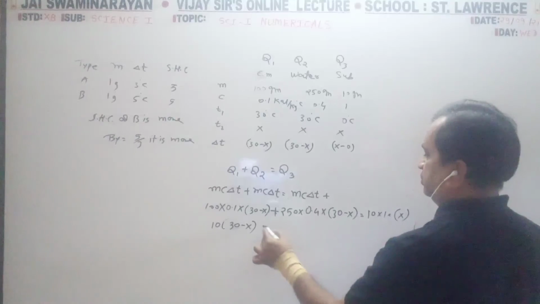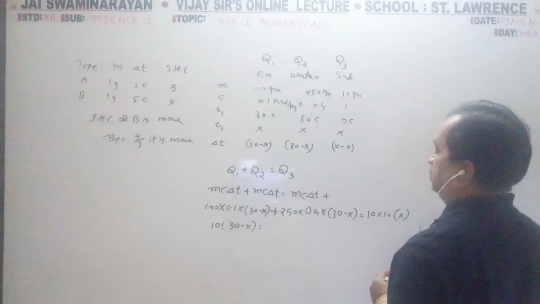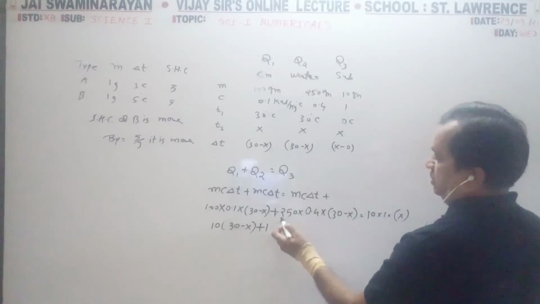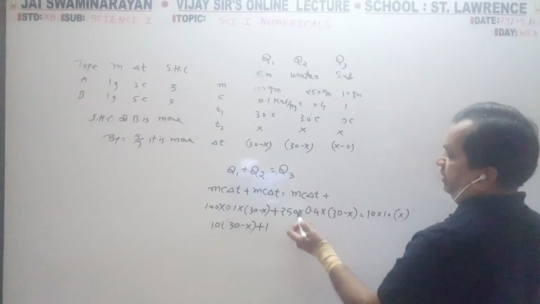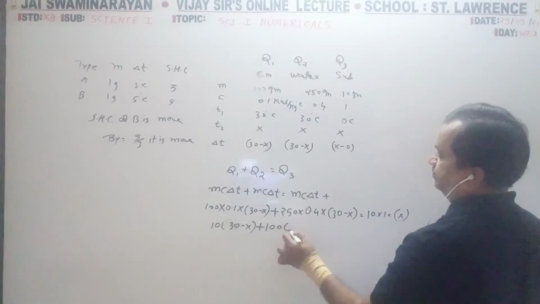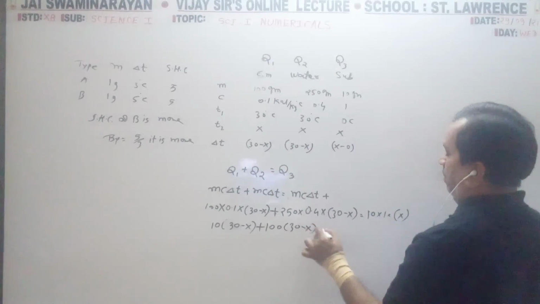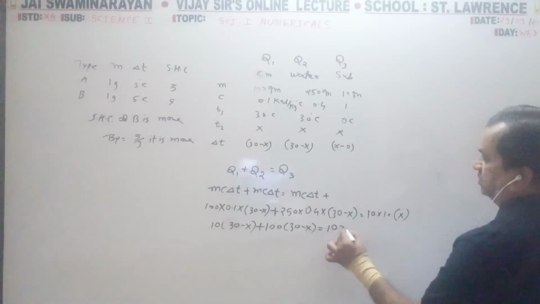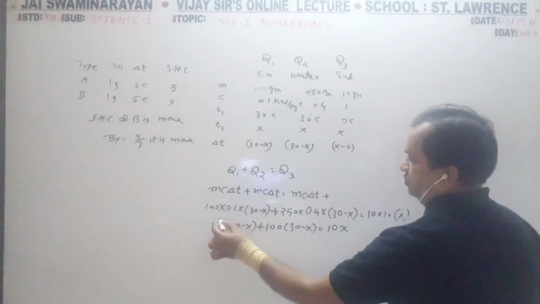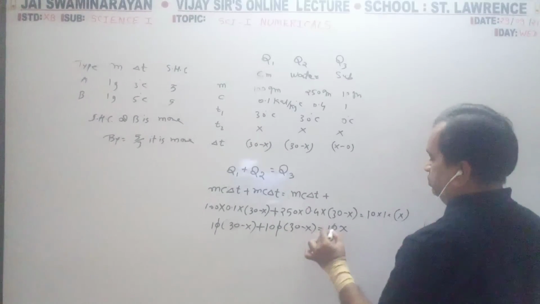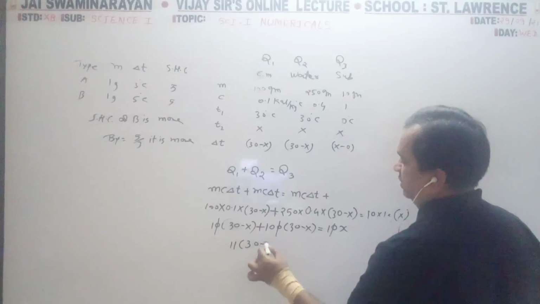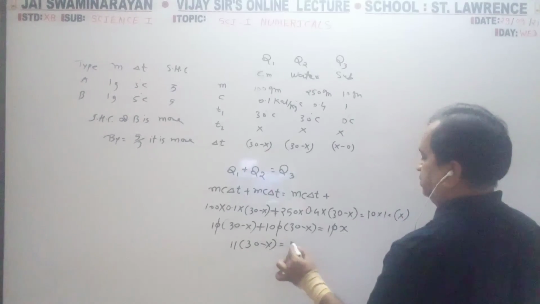This into this is 1000, so 100. This is the release point, remove 0, 25 times 4 is 100. This is 10x, so remove 0, it is 11 times 30 minus x is equal to x.